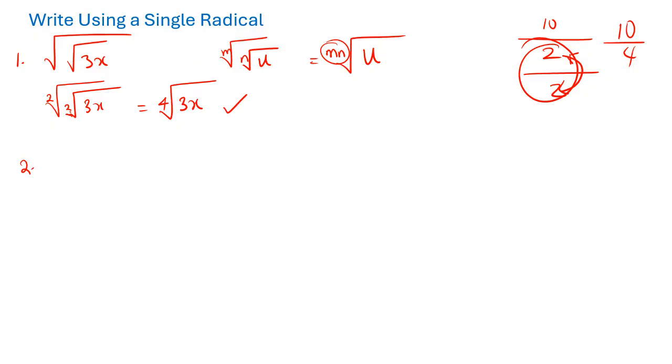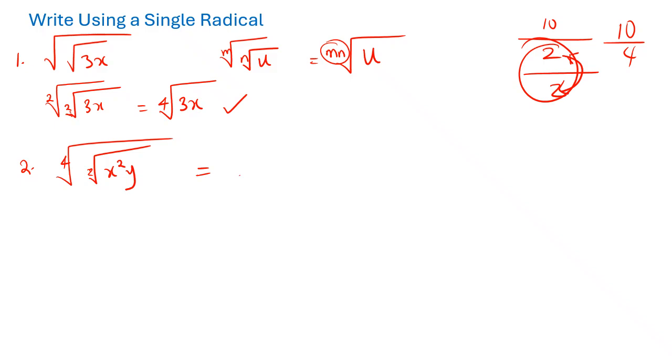Let's take another one. Say, for example, we have to find the fourth root of the square root of x squared y. What we can do is look at this and say, I know there's a 2 here without being told.